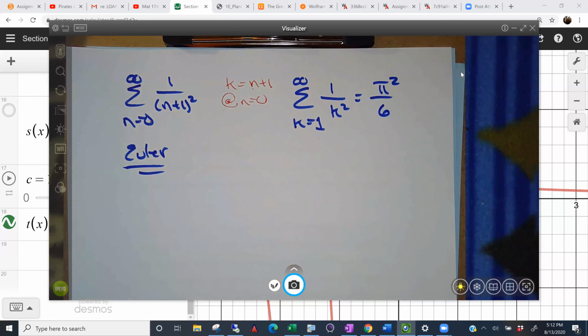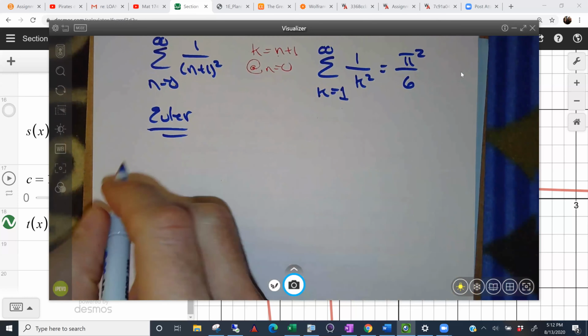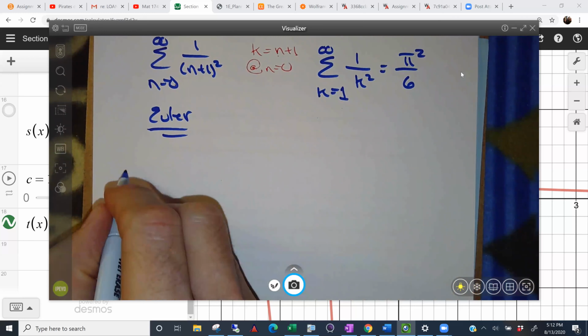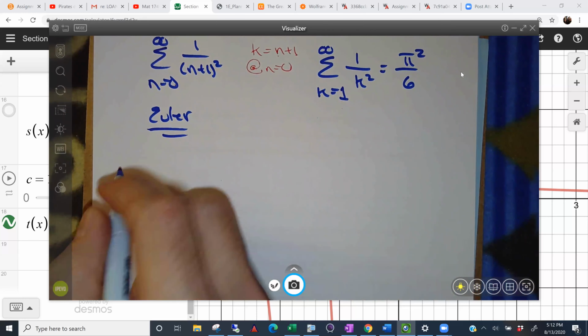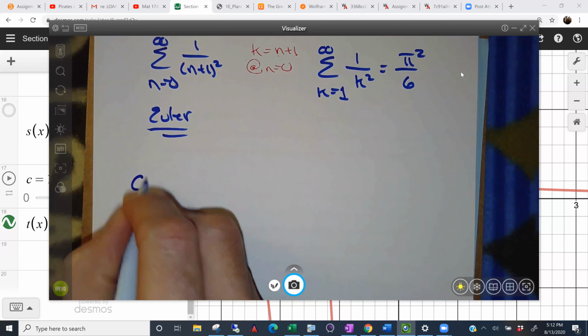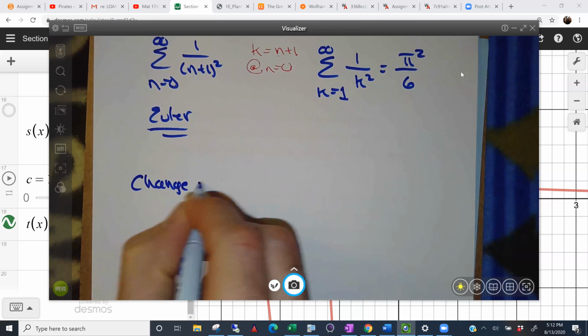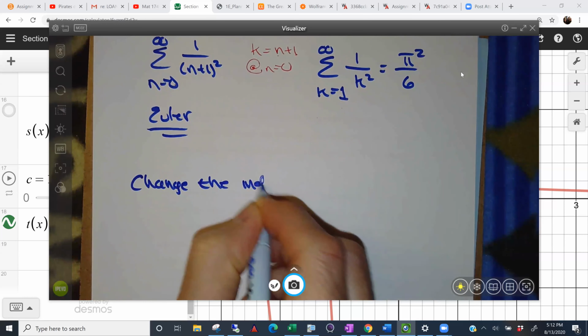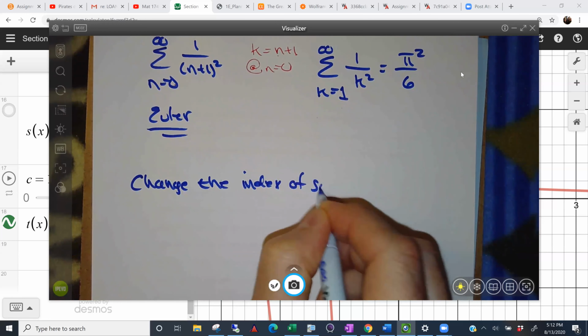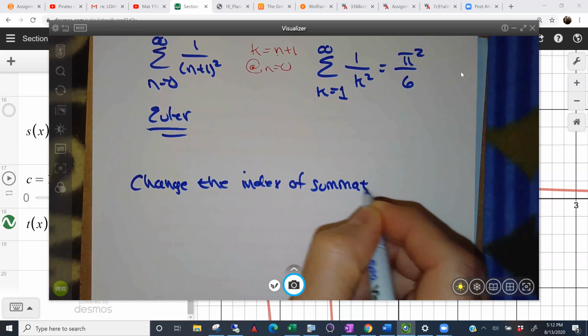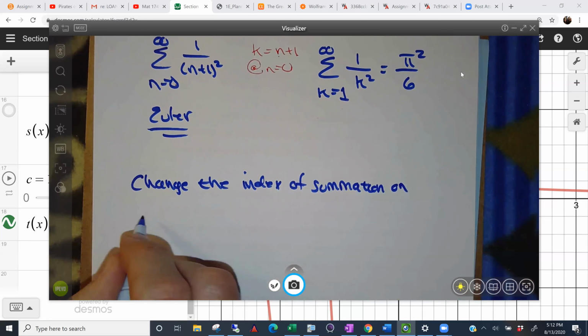Now, let's do this in more of an applied situation. For example, let's see, change the index of summation on this series.